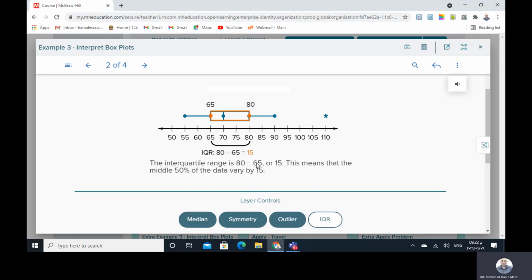For the interquartile range, we have the first quartile and the third quartile: 80 minus 65 is 15. This means that the middle 50% of the data vary by 15.